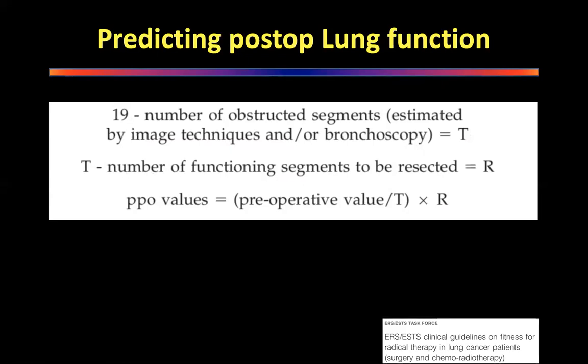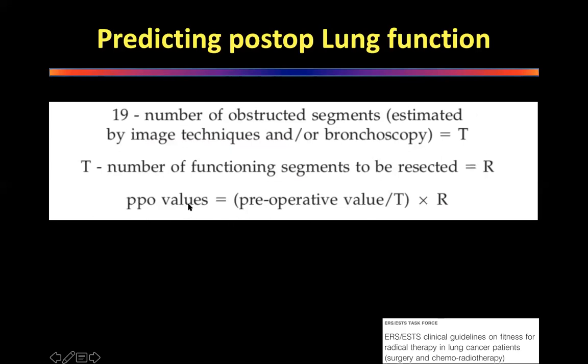Or if you're doing a lower lobectomy, you're going to take out 5 on the right side. So T, number of functioning segments, minus the number of segments to be resected will give you R. So you know what is T? Total number of segments minus obstructed segments. So functioning segments, you know what is R, what is going to be left behind.